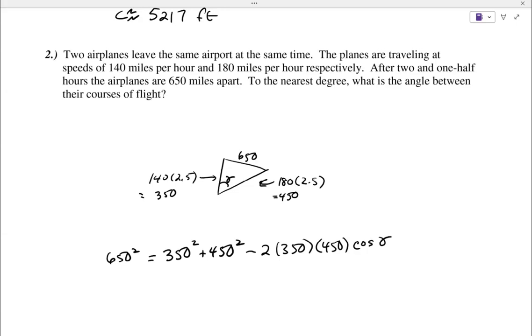The important part is the side and the angle opposite that side are on opposite sides of the equation. So the 650 squared and the cosine gamma are on opposite sides of the equation. I'm purposely trying to use the word opposite so it kind of sticks.